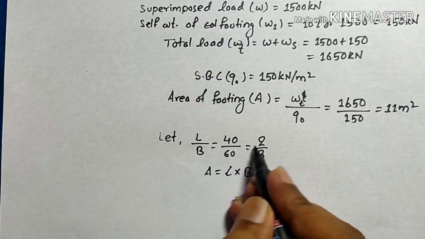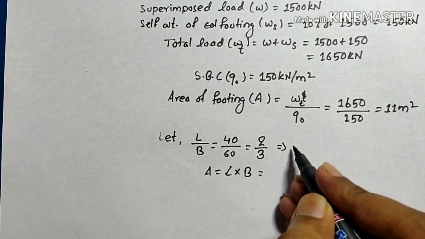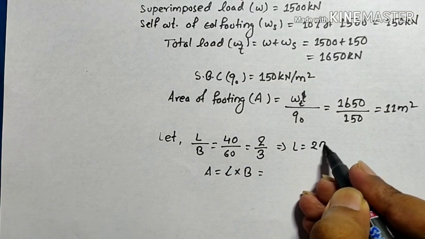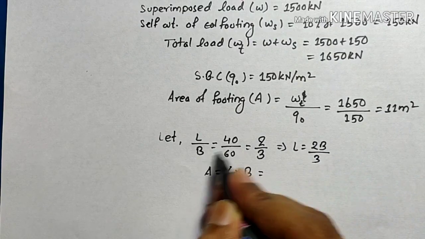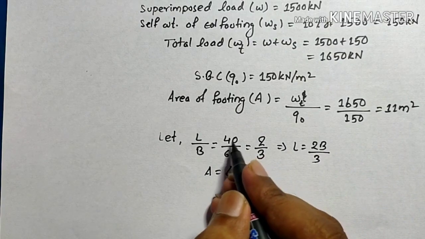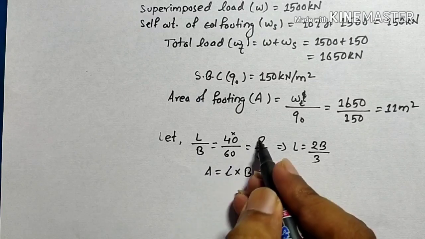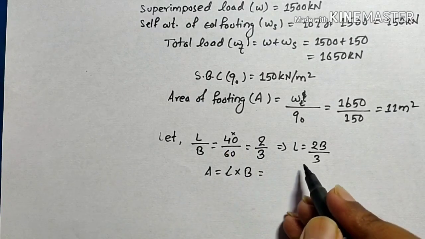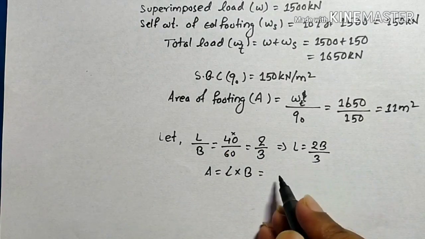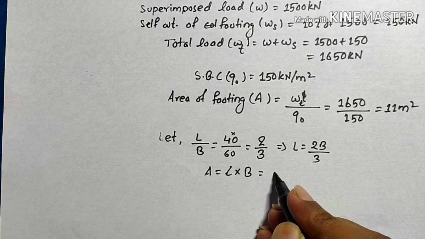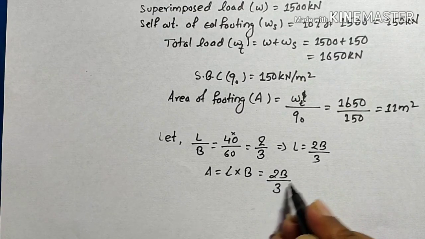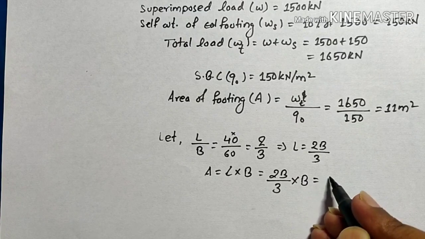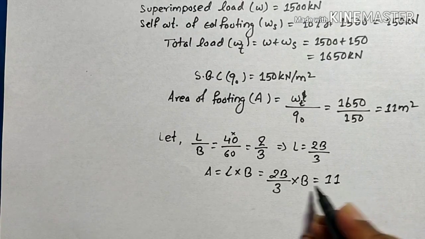From here we can write L equals to 2B by 3 on cross multiplication. Now put the value of L here. We will have 2B by 3 into B equals to 11.